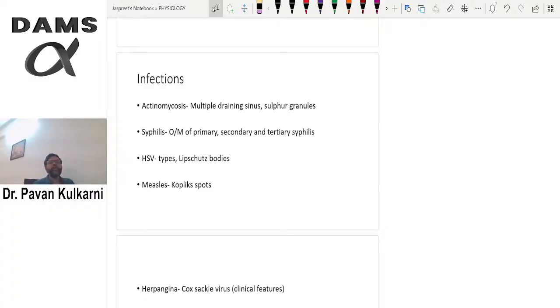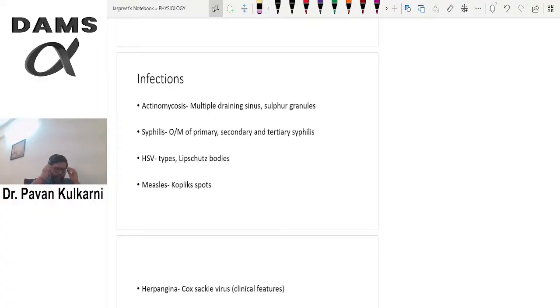And moving on to viral infections, you get questions on herpes simplex. What are the various types of herpes? The primary and secondary. And then you're supposed to know about the Lipschutz bodies, that is intranuclear inclusion bodies that you see in case of HSV. You even get questions on the histopathology of HSV.